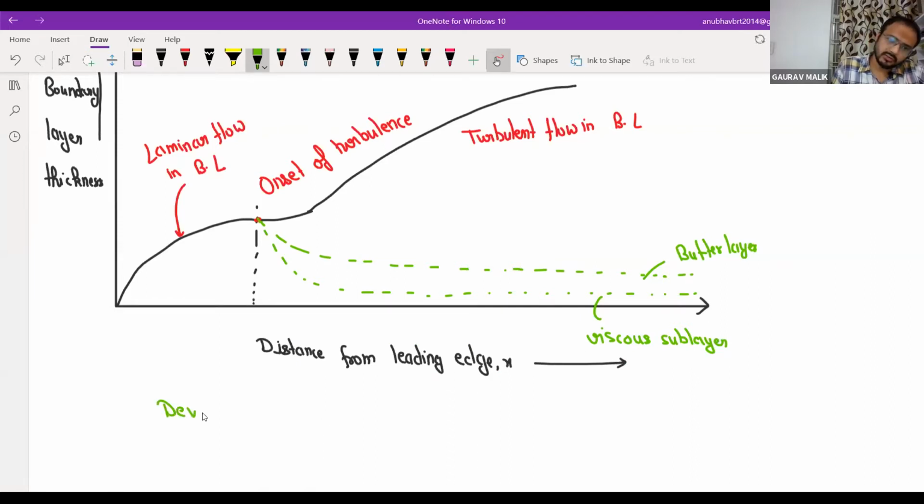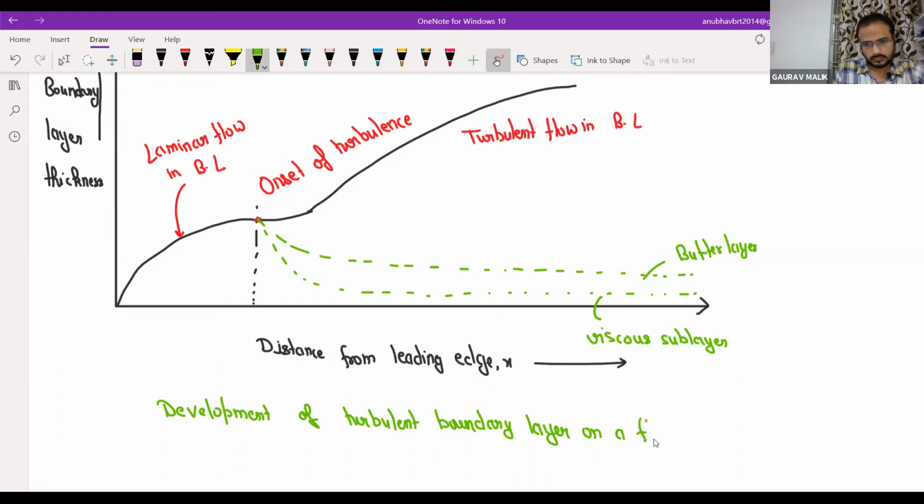It is the development of a turbulent boundary layer on a flat plate.